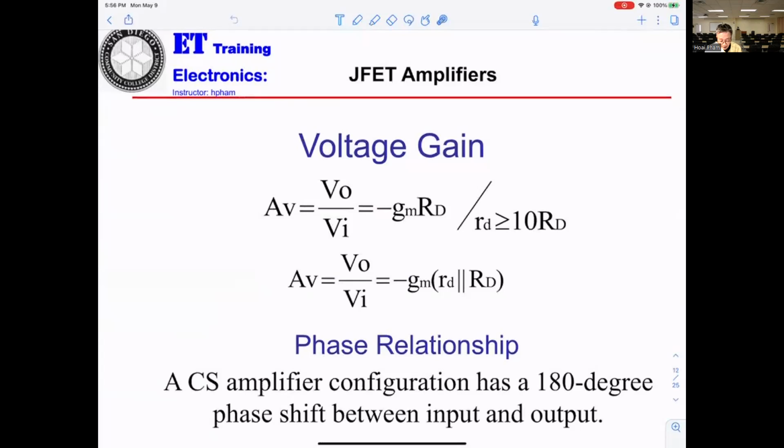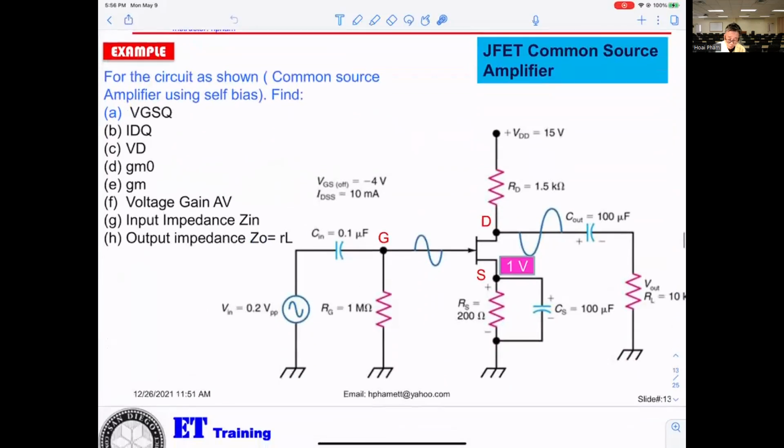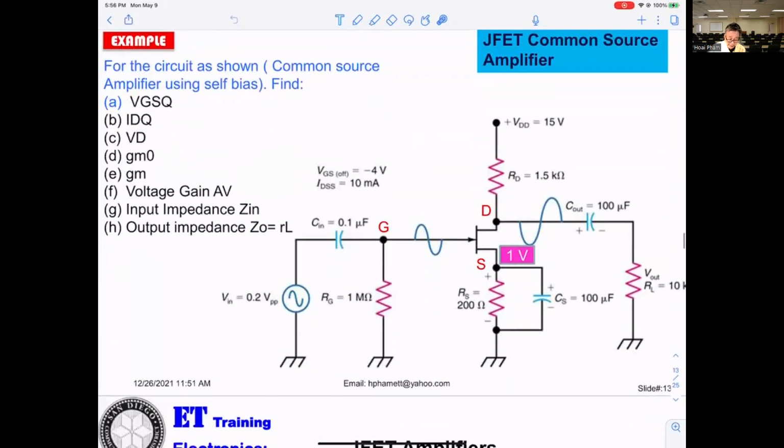We don't care about small rd. Phase relation: the common source amplifier configuration has a 180-degree phase shift between input and output. That is what you need to calculate. You have to do it.